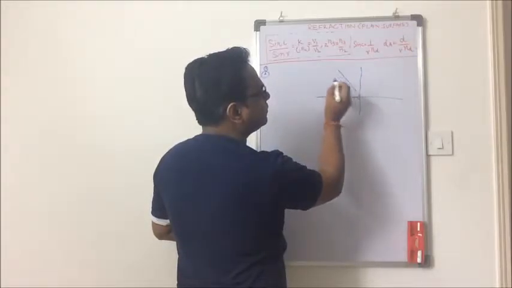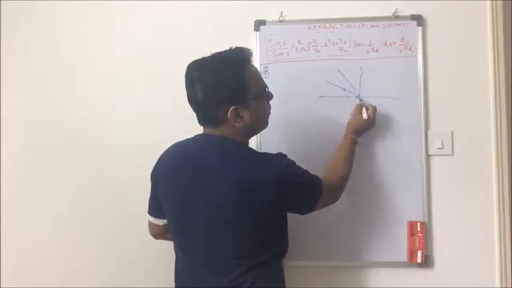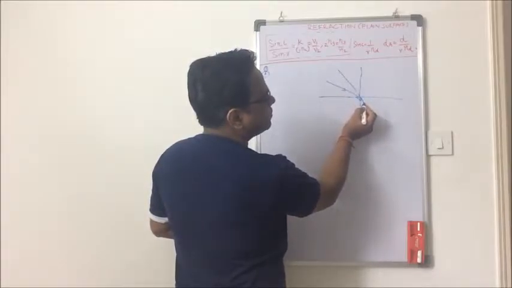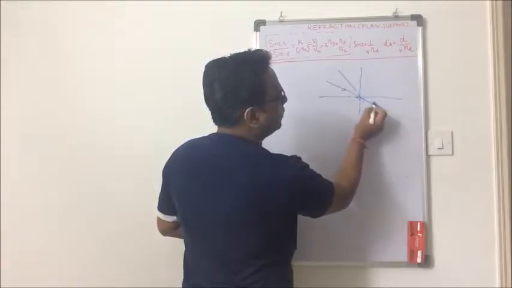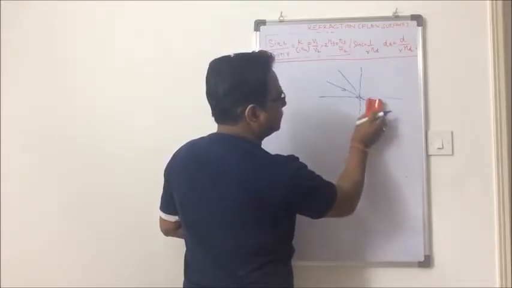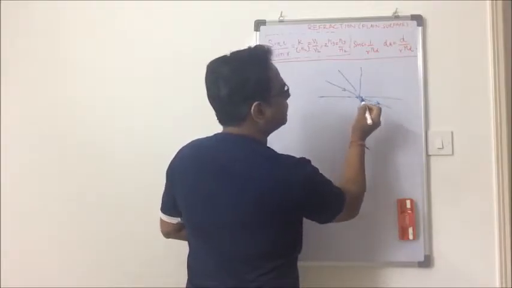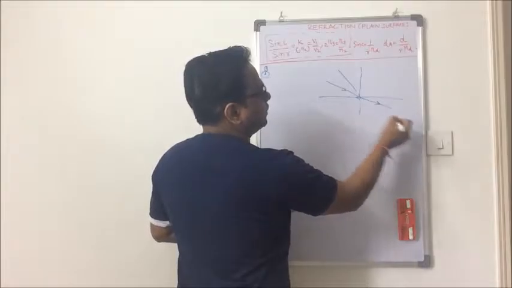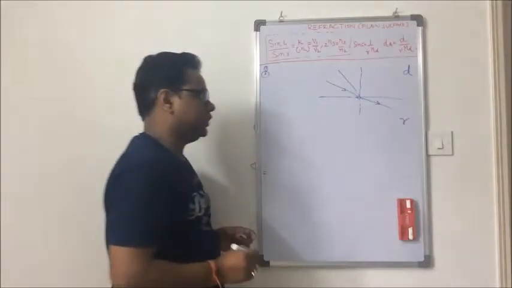This is the normal. This is a ray which is falling at this point O, and it bends, sorry, it goes away from the normal. This is your rarer medium, this is your denser medium.